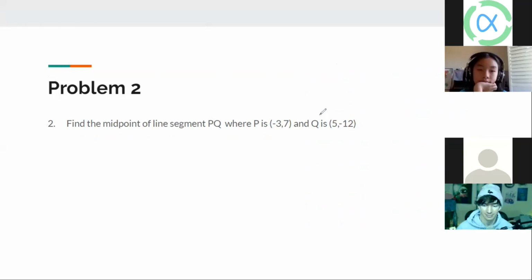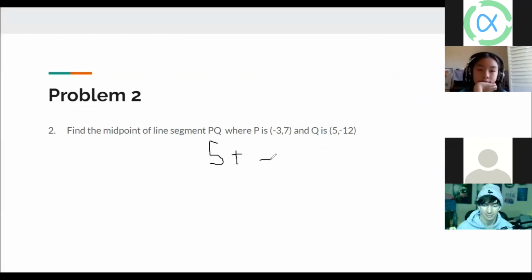In general, the formula for the midpoint of a line segment is you take the x coordinates and sum them, so 5 plus -3 over 2, and that's going to be your x coordinate. So our x coordinate is just going to be 1, and our y coordinate is 7 plus -12 over 2, which is -2.5. So our midpoint is going to be (1, -2.5).